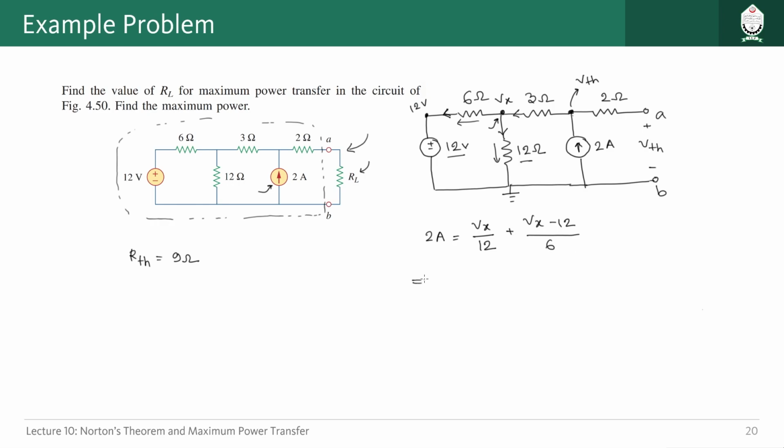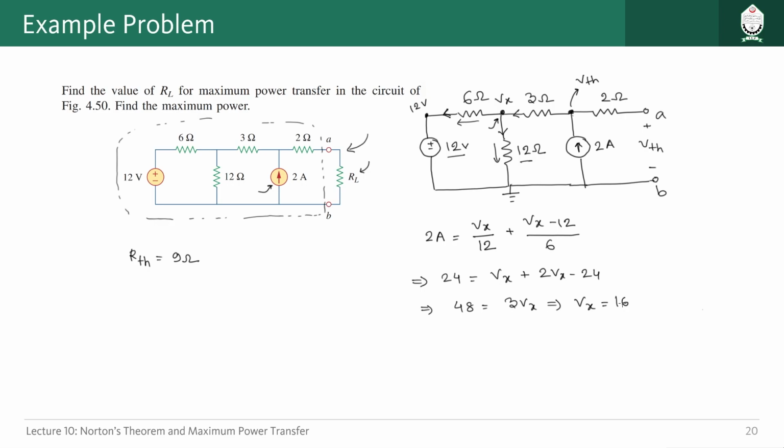From this we can find the value of Vx, right? So let us multiply both sides with 12, so 24 equals Vx plus 2 Vx minus 24. So we have 48 is equal to 3 Vx, or we can say Vx is equal to 16.